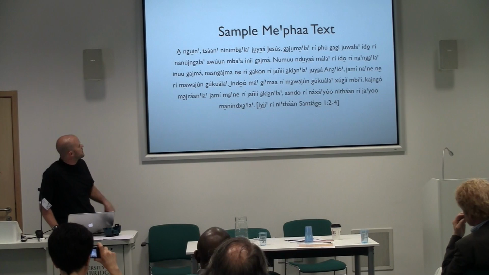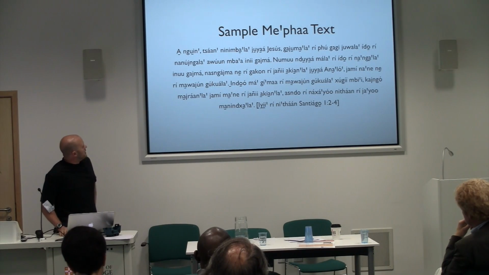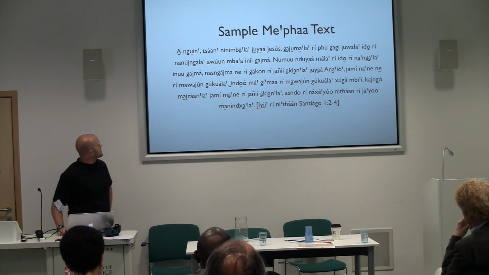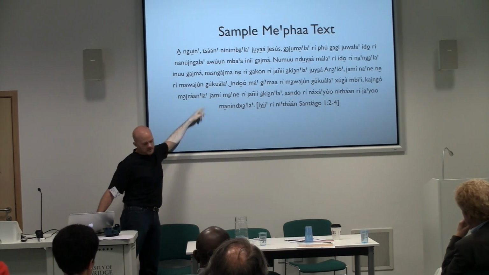It's a three-tone language. The acute accent is a high tone, underscores are a low tone, and an unmarked vowel is a mid-tone. The nasalized N is a palatal nasal, and then the saltillo is a glottal stop.